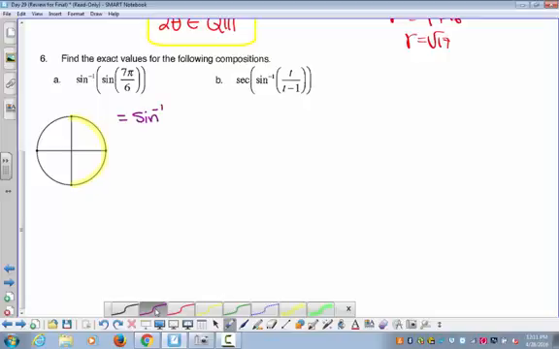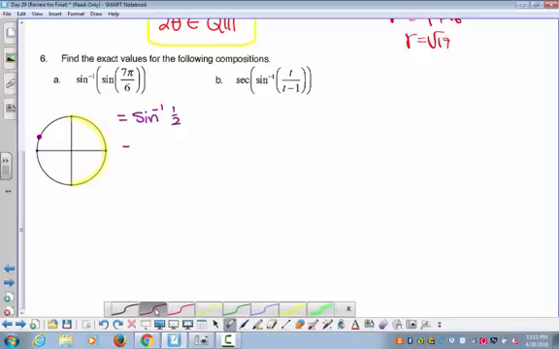Sine of 7 pi over 6. 7 pi over 6 over here on the 12-sector circle. Sine is the y value. It's the short leg. So sine of 7 pi over 6 is either 1/2 or square root of 3 over 2. On the 12-sector circle, half is shorter than root 3 over 2, so it should be the short leg, so 1/2.